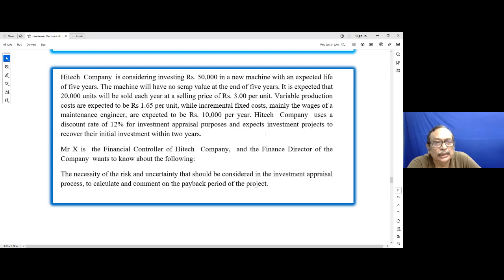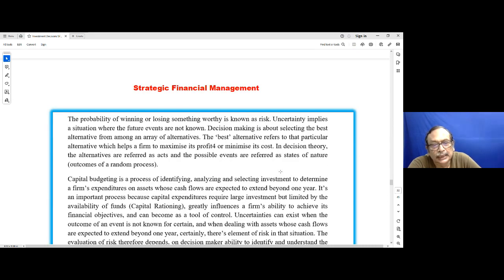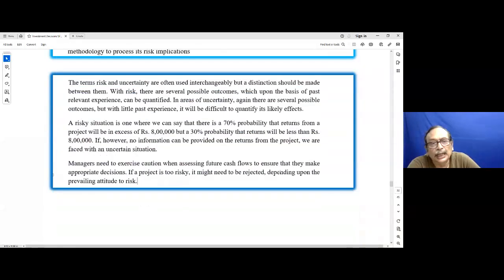Variable production costs are expected to be 1.65 per unit, while incremental fixed cost, mainly the wages of a maintenance engineer, is expected to be rupees 10,000 per year. The discount rate considered by the company is 12% for investment appraisal purposes. And the expectation is that investment projects recover their initial investment within 2 years. So, freezing this, we are going to analyze.